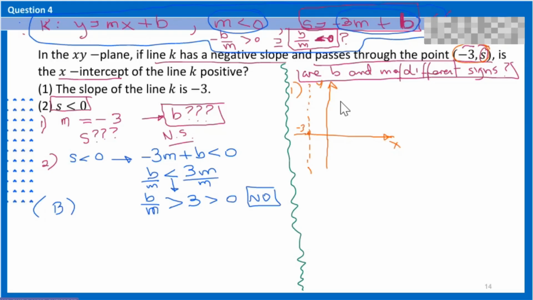Now, let's start imagining what line K would be like if it crossed through the point negative 3, S, considering very different values for S. Let's say, for example, that S were a very big positive number.